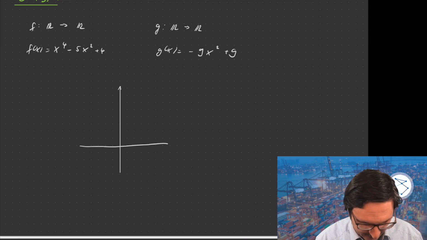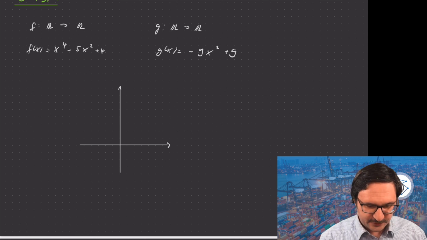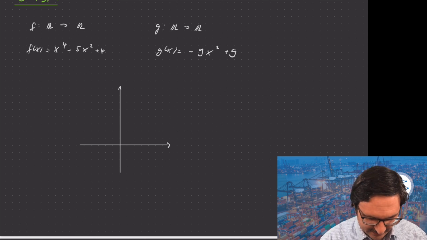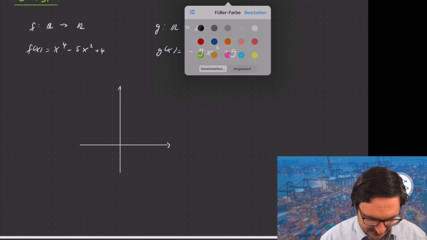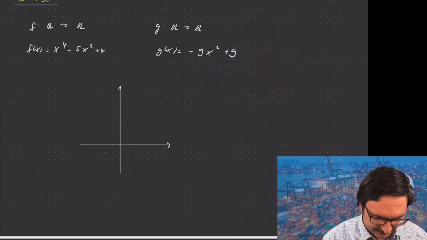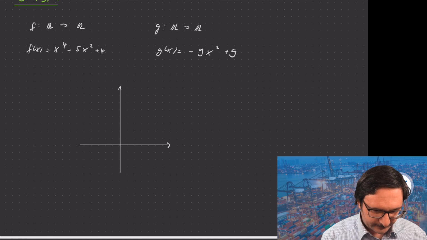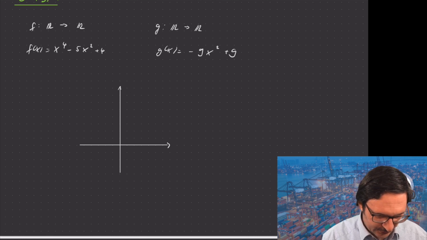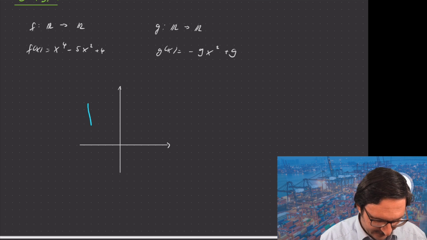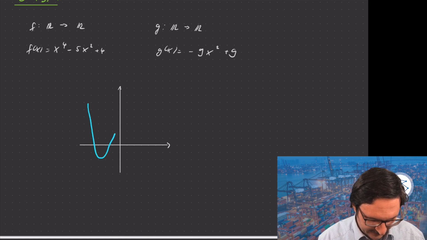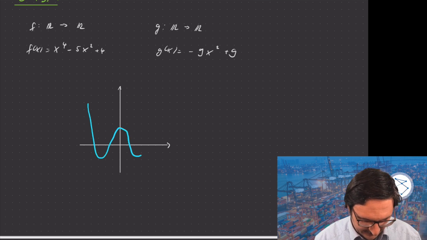So again, roughly, those two functions look like this. I'll start with a sketch of the function f. So f looks like that here. That is the function f.